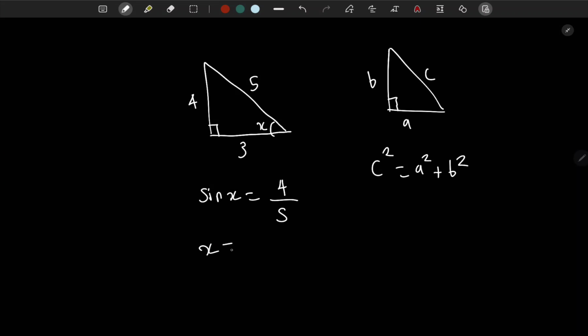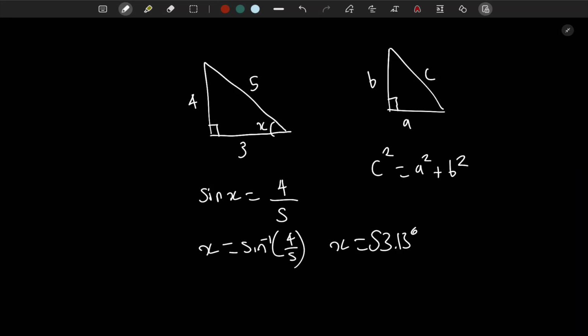So x is equal to sine inverse of 4 over 5. You can solve this on the calculator and you will get x to be 53.13 degrees. And one thing that you need to make sure is that your calculator is in degrees instead of radians, because radians will give you a completely different answer.